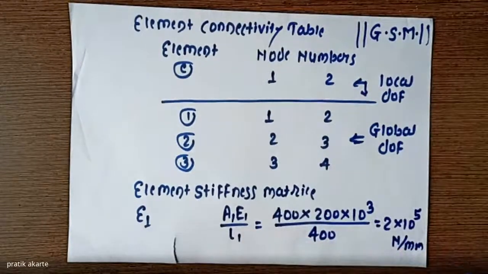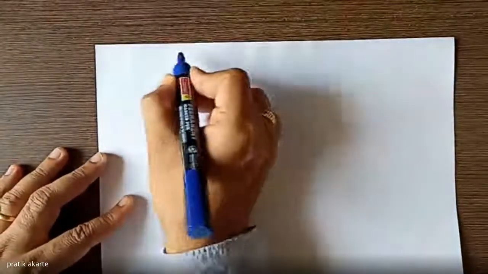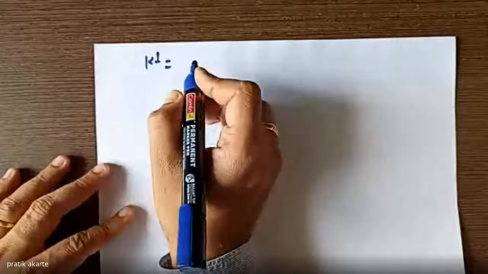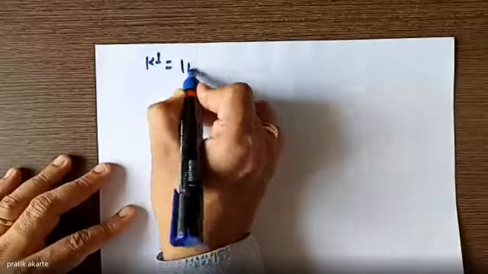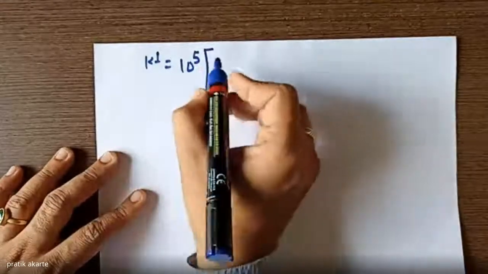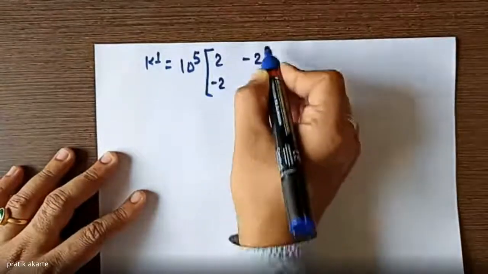Further, we'll write it in the form of an element stiffness matrix. So for element number 1, K1 we can write as 10 raised to 5 as common, and we write 2 minus 2, minus 2 2.